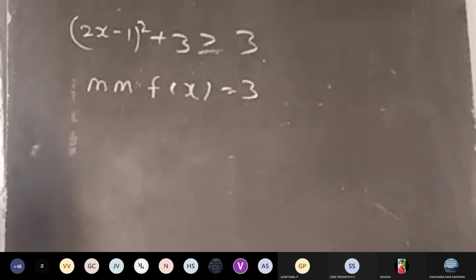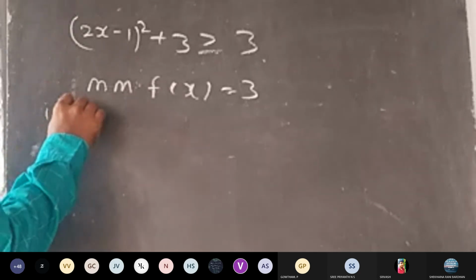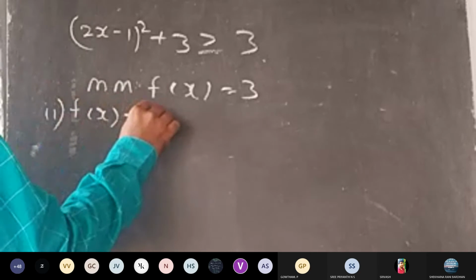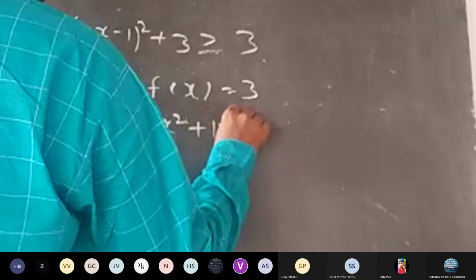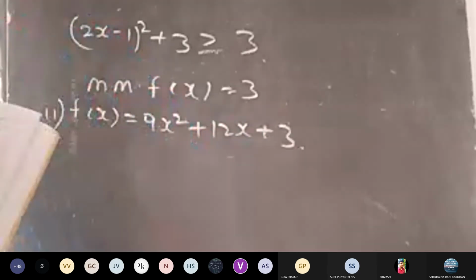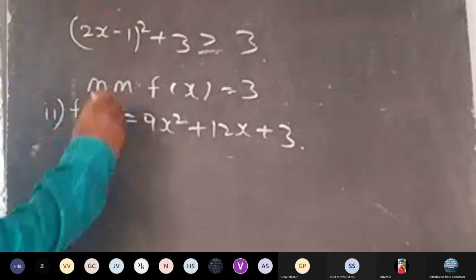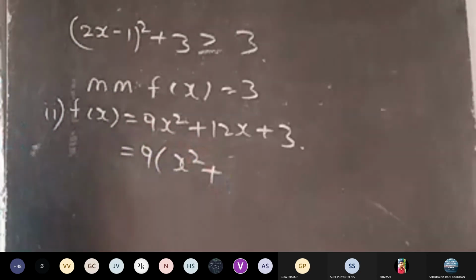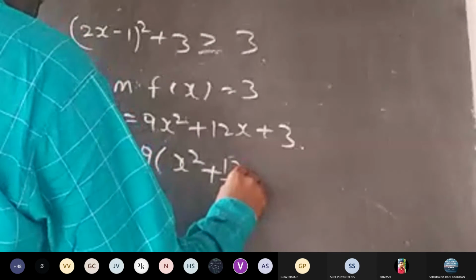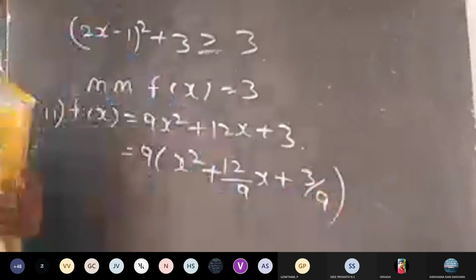See, one more problem is also there. Second problem. f of x is equal to 9x square plus 12x plus 3. Here also you have to find factors. So x square plus 12 by 9 x plus 3 by 9.